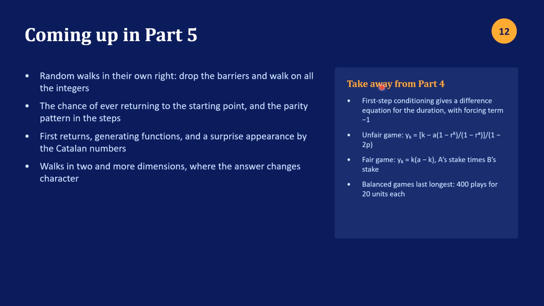In summary from our lesson, first step conditioning gives us a difference equation. This is when we use the law of total probability on the first step. That was all the way towards the beginning of the lesson. Then the unfair game, we derived this equation for the expected number of plays before someone went broke.